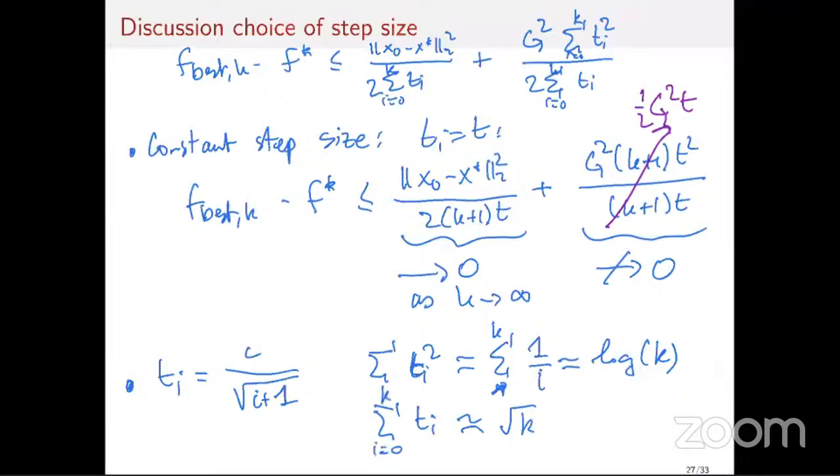And so if you work out the details, with this choice of decreasing step size, like 1 over square root of i, you will get convergence.